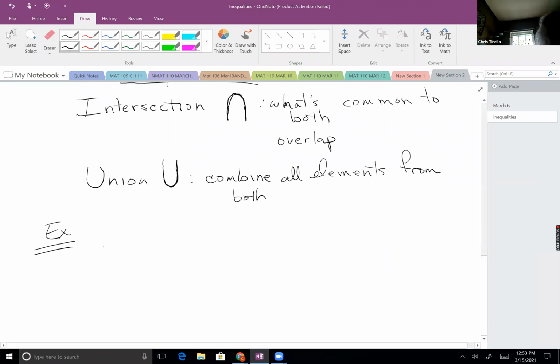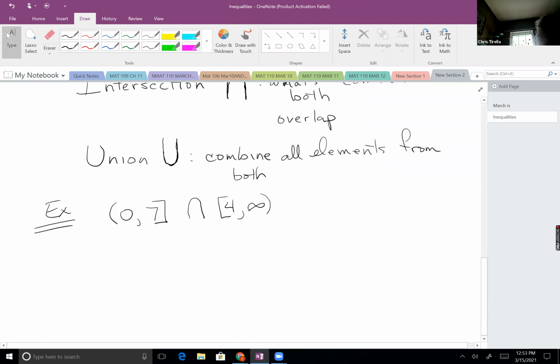And so, for example, if I were to take the interval open at 0, closed at 7, and intersect it with the interval closed at 4 to infinity, there's a couple of ways of finding these. I think for a lot of people, it's easiest if you can visualize it. And so I like to sketch the first interval.